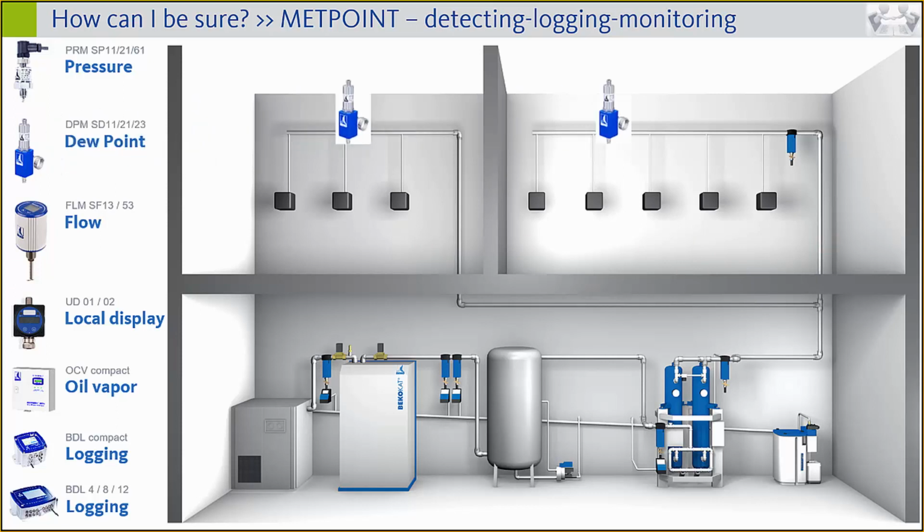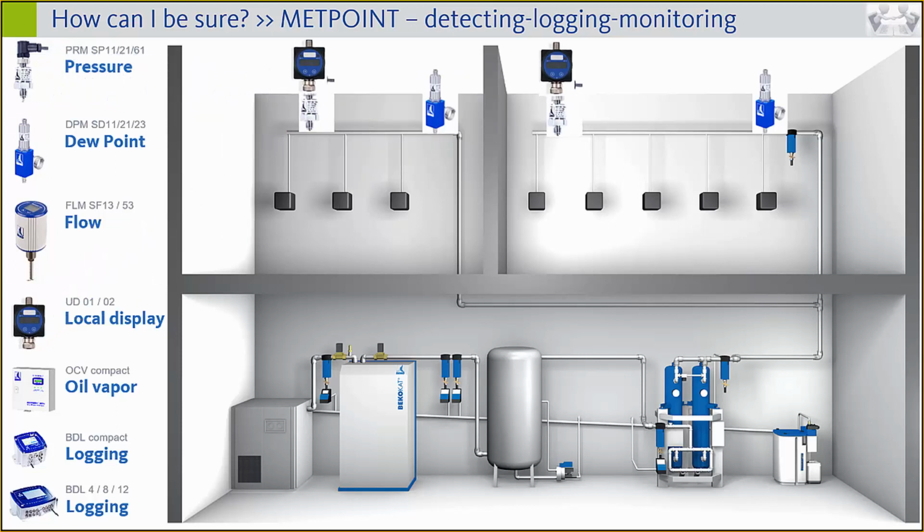What's reasonable at first is the dew point sensors, separately for each area. And the dew point as well as the pressure sensors are a good indication for the quality of the air in terms of pressure. So why the pressure? In some cases, for example, the pressure is relevant for the performance of tools.